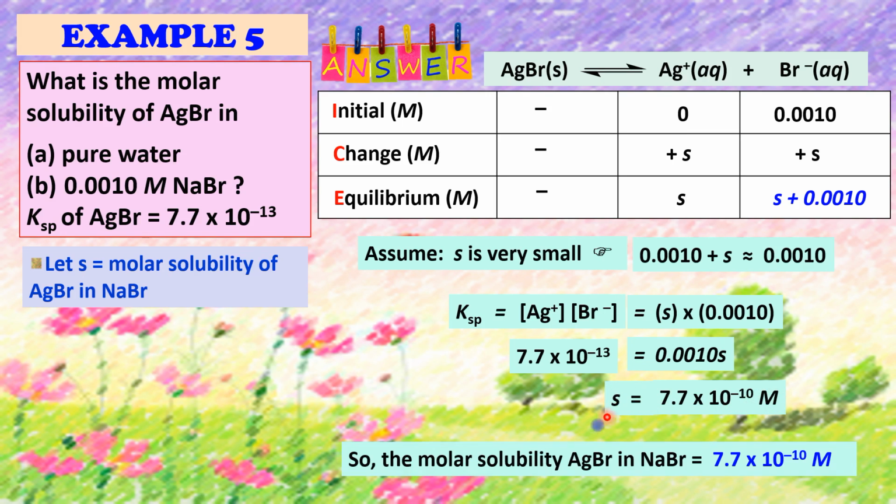So the S value here is the molar solubility of AgBr in NaBr, that is 7.7 times 10 power negative 10 molar, which is smaller compared to the molar solubility of AgBr in water, because of the presence of the common ion, that is bromide ion.